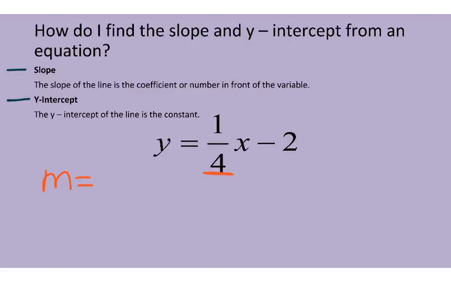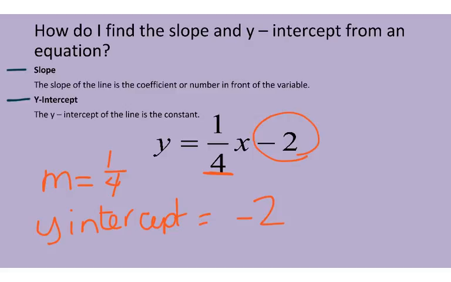Remember, we call slope m. So 1/4 is the slope, and the y-intercept is -2.